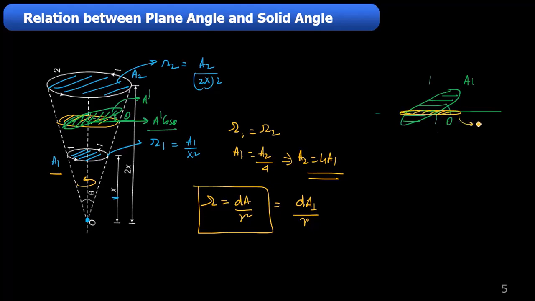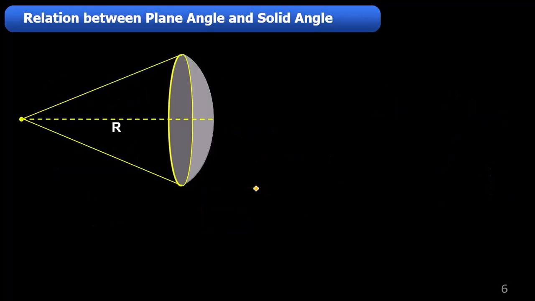If I say that area is A, that should be equal to A prime cos theta. Now all the points on this A area are at equal distance from the O point. So now we can calculate the solid angle. Omega should be equal to A prime cos theta divided by r square. Okay, so this is the idea that whenever you are taking the area, that area should be perpendicular to the r direction.